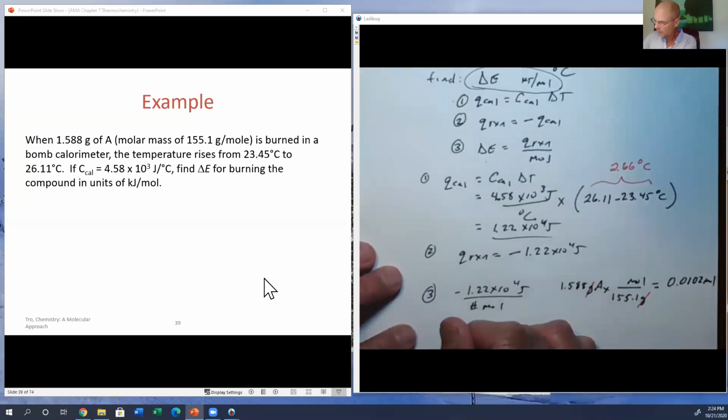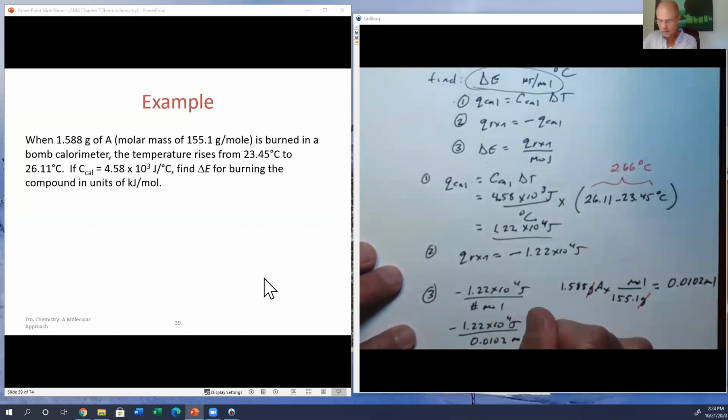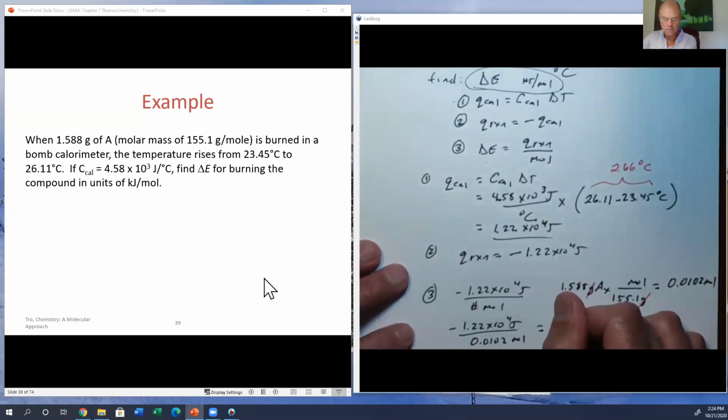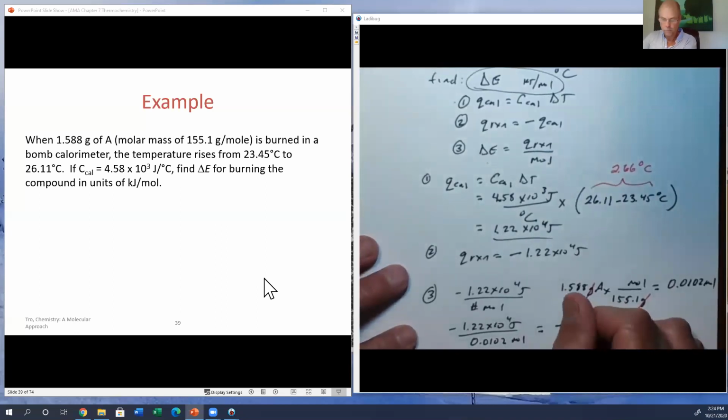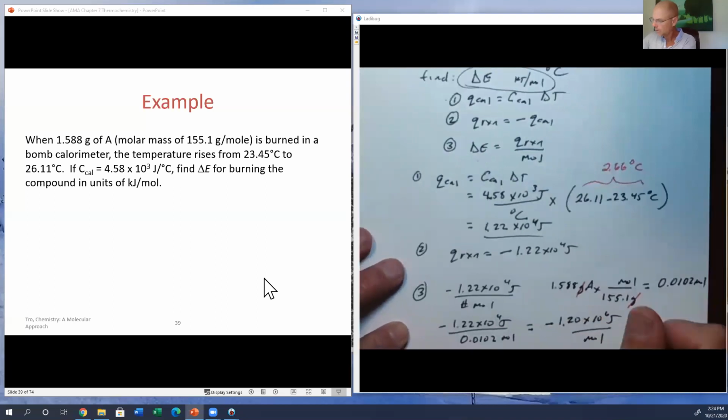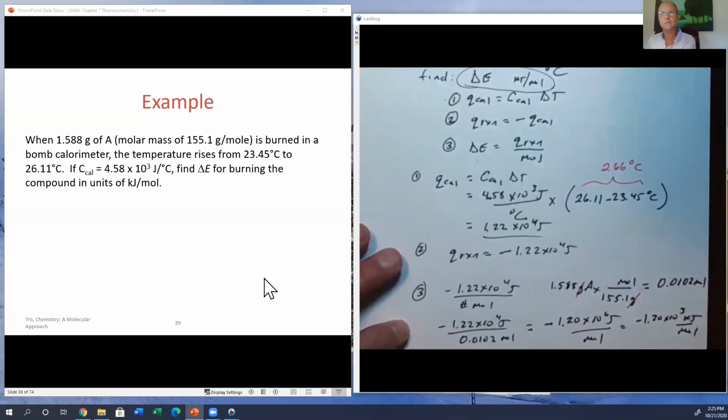All right, so then we just do minus 1.22 times 10 to the 4th joules divided by 0.0102 moles, and that gives you negative 1.20 times 10 to the 6 joules per mole, or negative 1.20 times 10 to the 3rd kilojoules per mole if you convert to kilojoules.